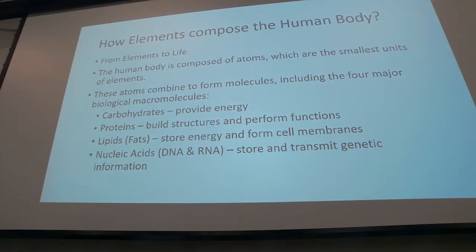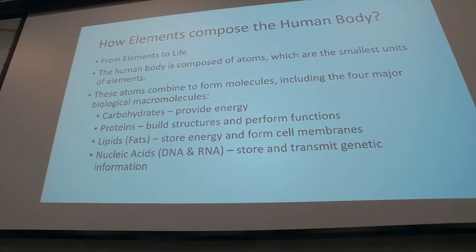So, our human body is made out of atoms of those different elements that we saw, and these atoms combine to form the molecules. The 4 major macromolecules that we have will be carbohydrates, proteins, lipids, and nucleic acids. Carbohydrates provide energy.